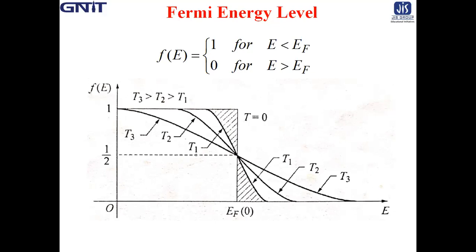Therefore, the probability of occupation above EF is now greater than 0, while that below EF is less than 1. The area under the distribution curve is increasing.